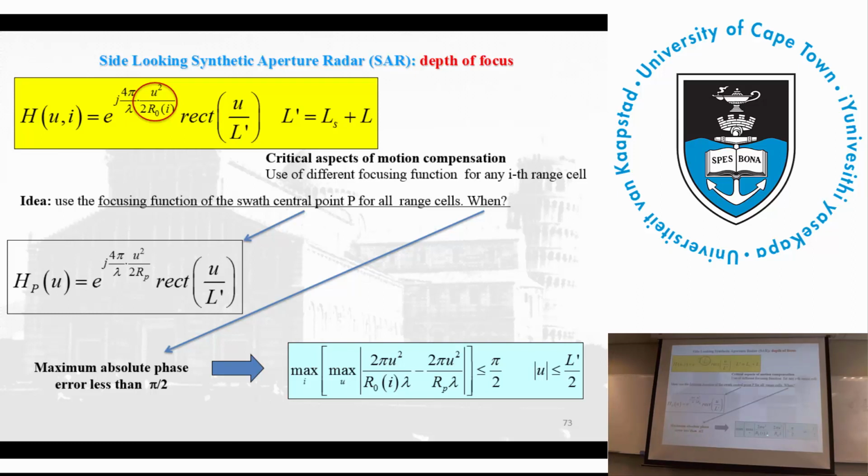And this has to be true for all the values of u comprised between these, my aperture that I'm considering, so that the focus is guaranteed all across the range, but also the Doppler, or if you want, the azimuth.